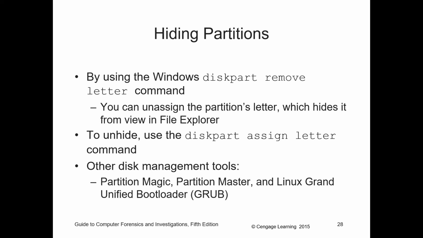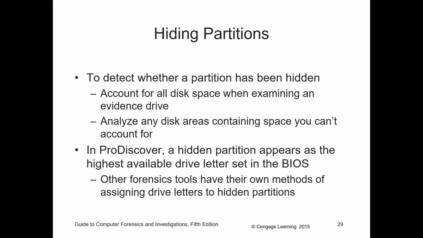This one will help us to quickly see which one is hidden. And those ones we also call unallocated files, if you still recall very well from our previous test. So to unhide, we use the diskpart assign letter command. Other disk management tools like Partition Magic, Partition Master, and Linux GRUB, the Grand Unified Bootloader, can help us as disk management tools to unhide these letters from our disks.